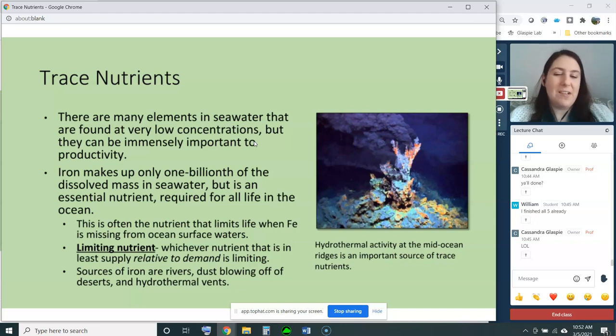But when your supply is already really low, like with iron, that means if there's anything that is using up that iron and there's no supply, then oftentimes these trace nutrients can be the limiting nutrients. Iron comes from rivers, from dust blowing off of deserts, and from hydrothermal vents. And so there is a lot of iron in coastal areas, which again lends to their productivity. Not so much iron in the open ocean.